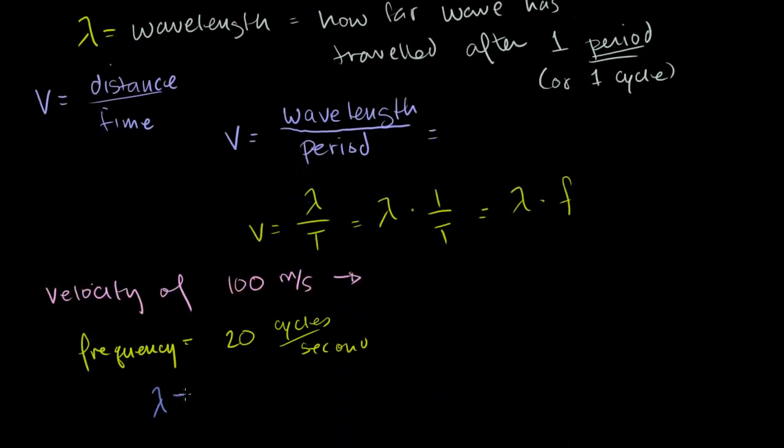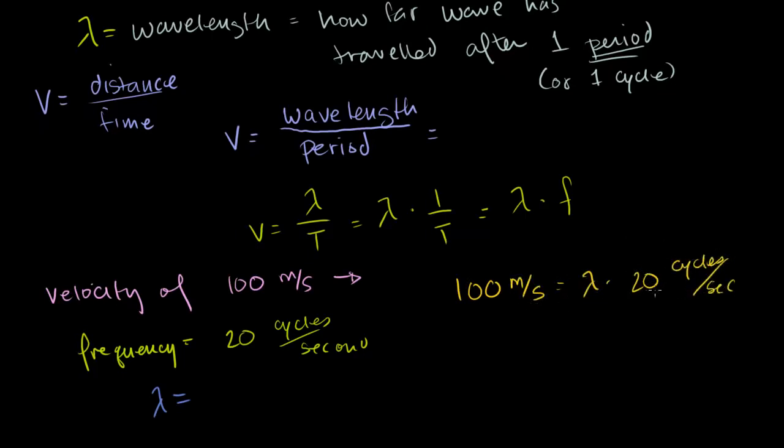So the velocity, let me write it over here, is equal to your wavelength times your frequency. Divide both sides by 20. And actually, let me make sure I get the units right. So this is meters per second is equal to lambda times 20 cycles per second.